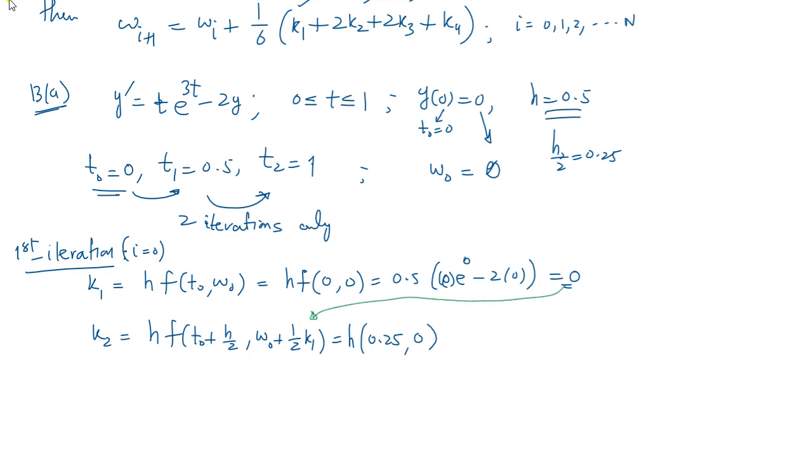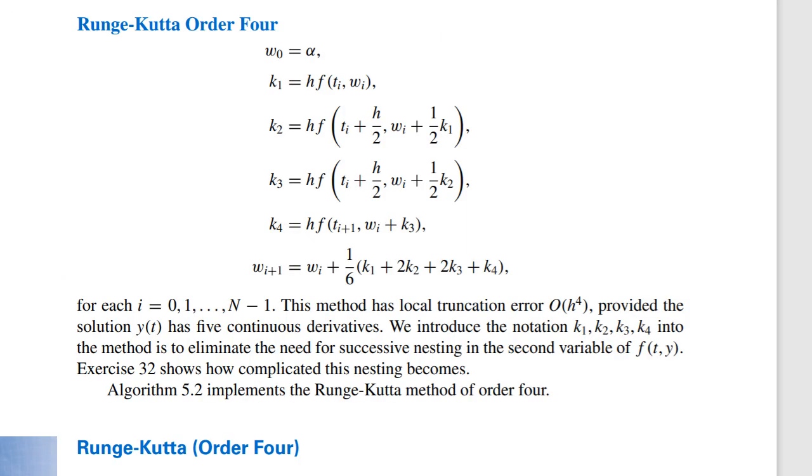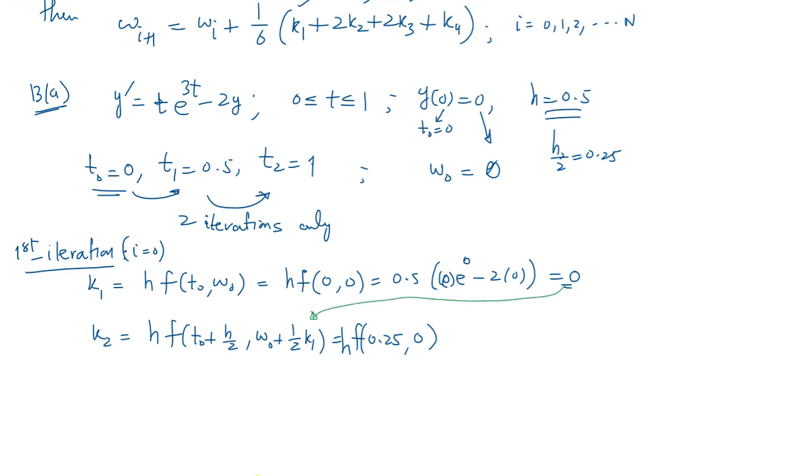Right, K1 is this and K1 by 2 is also 0. So now I have to find the function value at this point, right? The function value at this point, and outside it is H for all. Outside H is H, it's not changing. So H is 0.5. This is T e to the power 3T minus 2 into 0. W is still 0, right? So you got, let me calculate.